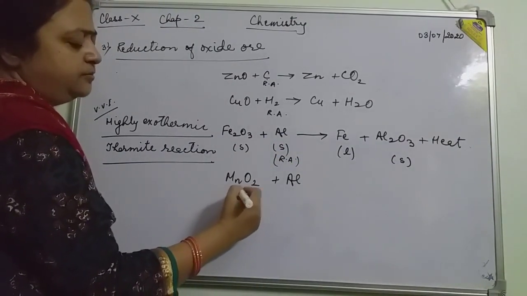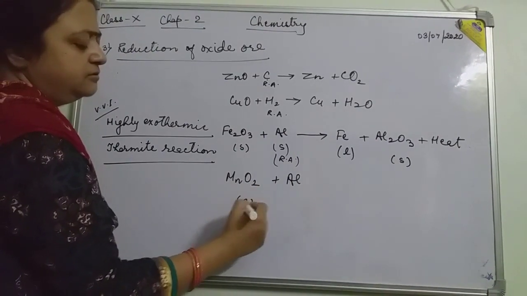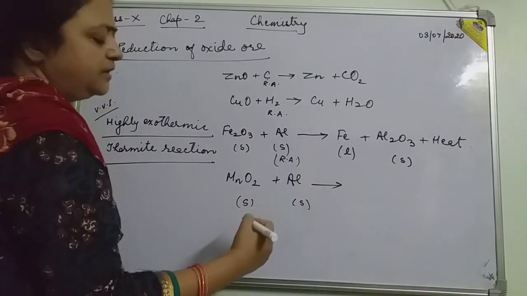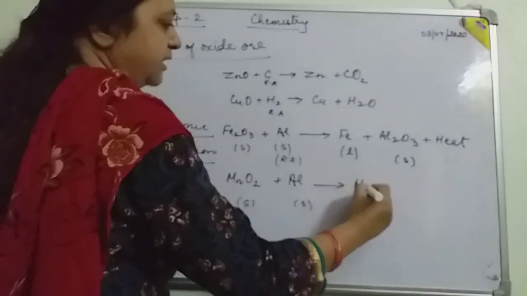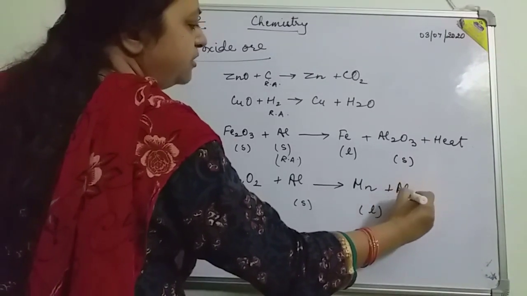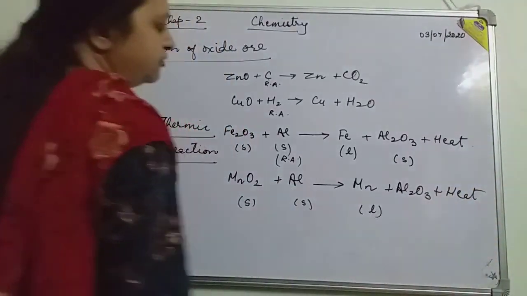Manganese oxide and aluminium, both solid, with aluminium as powder, after reaction give manganese in liquid form along with aluminium oxide with the evolution of a large amount of heat.